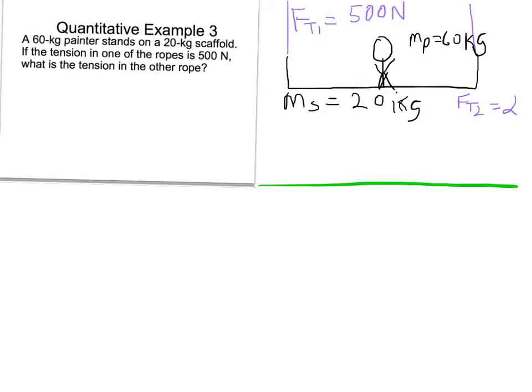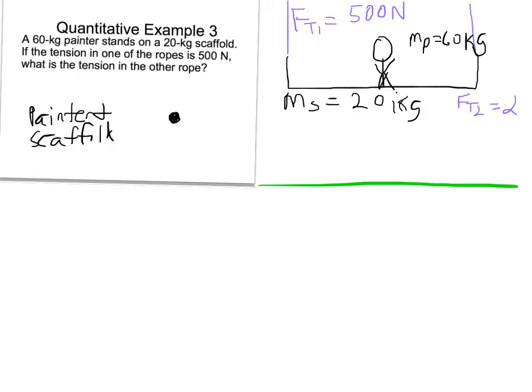Let's draw a free body diagram of this situation. We know that those ropes are holding up the painter and the scaffold. So I'm going to use a dot, and here my dot represents painter and scaffold.